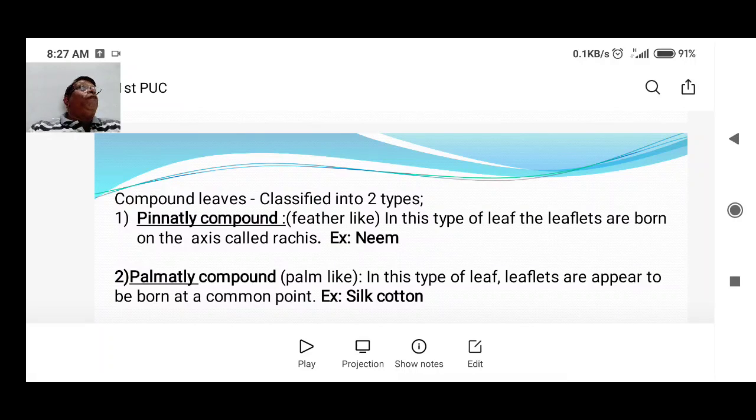In this type of leaf, the leaflets appear to be born from a common point. See the diagram of silk cotton. Okay. The leaves looks like a palm. Okay.